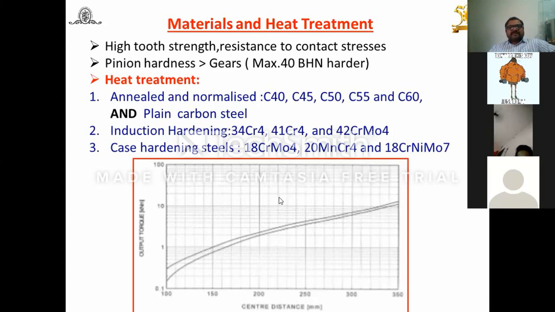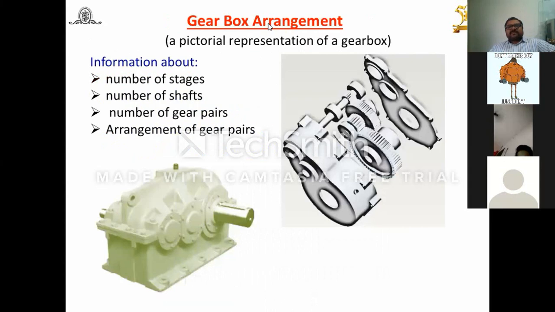Then next point, I would like to say gearbox arrangement. Before designing it, what you have to do? You have to decide number of stages, number of shafts, number of gear pairs, and arrangement of gears. Arrangement means whether input shaft and output shaft are coaxial, whether they are in the same direction towards the left hand side. Sometimes gearbox is known as the left gearbox, right gearbox. Left gearbox means you will get the output at the left, right means you will get the output at the right.